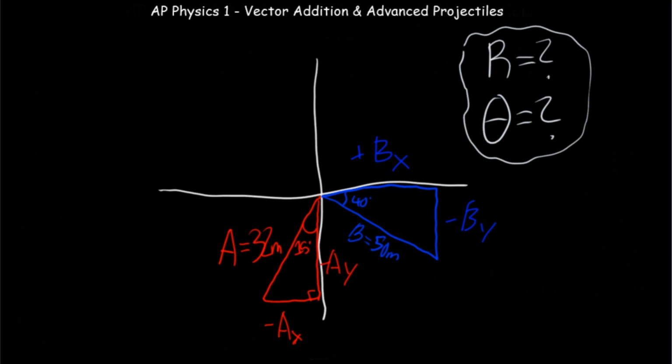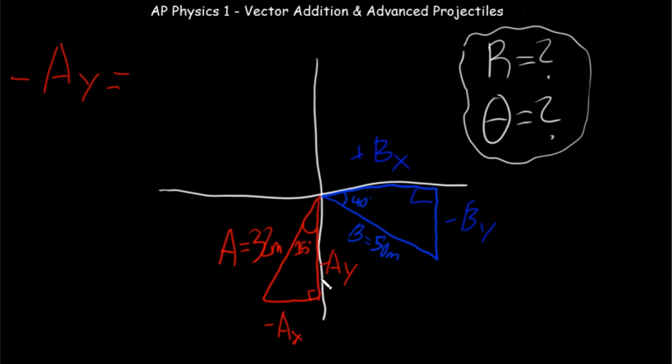And if you're familiar with trigonometry, you can kind of see where this is going. There's a right angle here. A of y is our adjacent side of the triangle, and A, which is 32 meters, is our hypotenuse. We already know it's our hypotenuse because you can see that it connects our theta with the other angle that isn't the right angle.